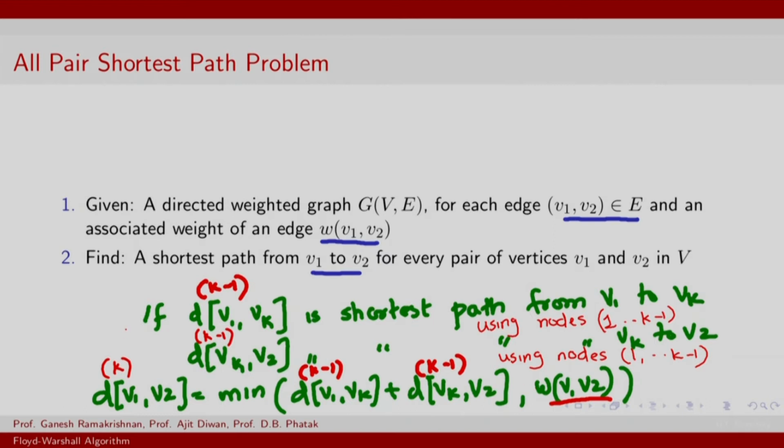This is the basic idea behind the all pair shortest path algorithm.